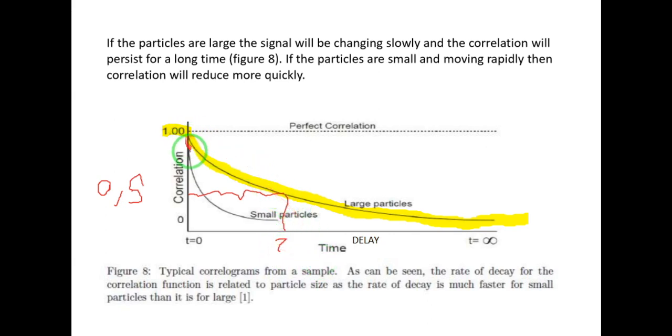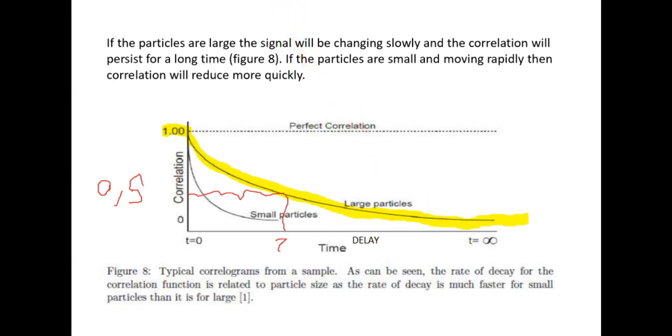So it will take longer time for the signal to lose its correlation. It will take longer time to lose its memory, so that we cannot predict the future amounts.